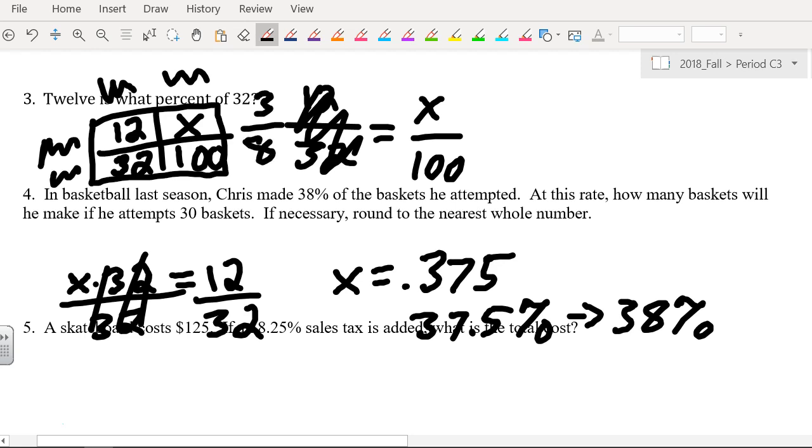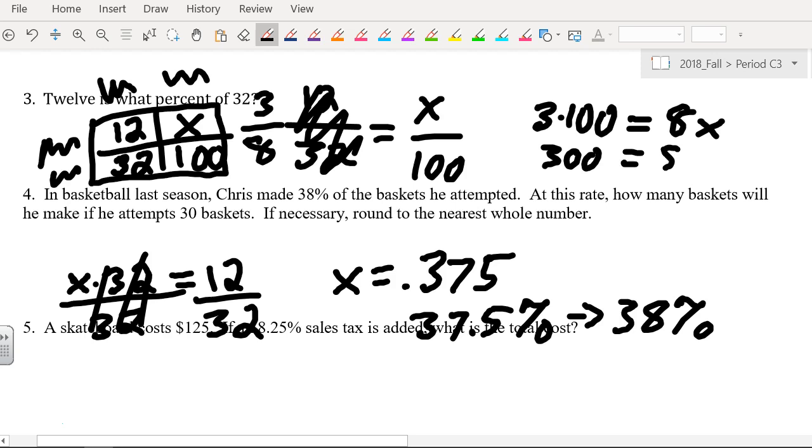But 8 still doesn't go into 100, so we've got to cross multiply. So 3 times 100 equals 8x. 300 equals 8x. Divide by 8. And that should be 37.5.